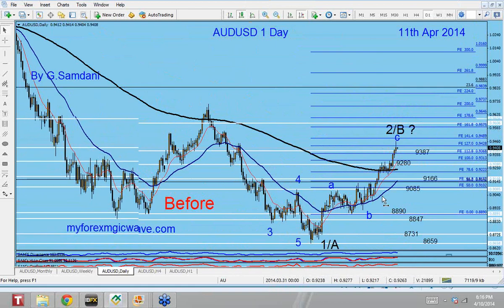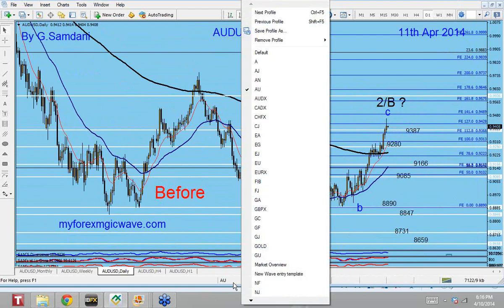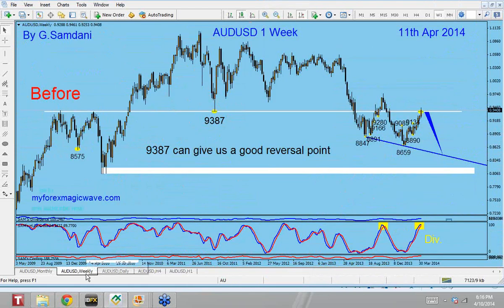On this weekly, okay, this is the weekly chart, right? This is the weekly chart that I sent out, 93.87. So this is the bigger picture, and these two indicators are also pointing exactly when it was here, look what happened, and then now we are here. So let's see what happened.